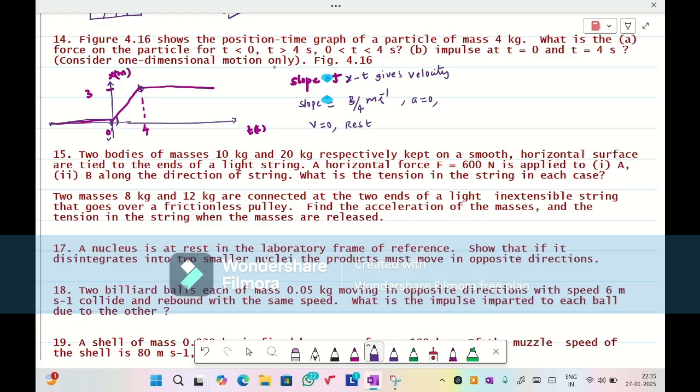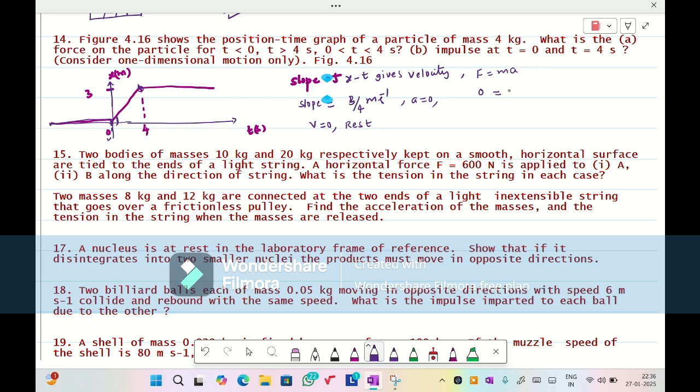Now it is asking, what is the force on the particle for t less than 0? Here some force is there, right? Force on the particle is equal to ma. So here I want to find a in this case. It is coming with 0 displacement. Velocity is not given here, one dimensional motion.